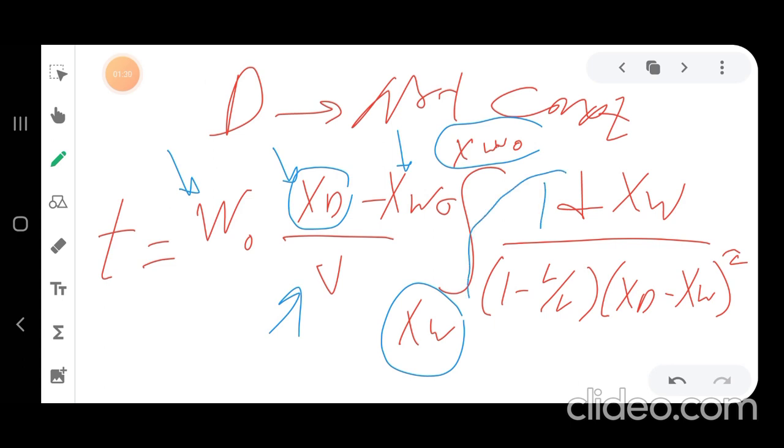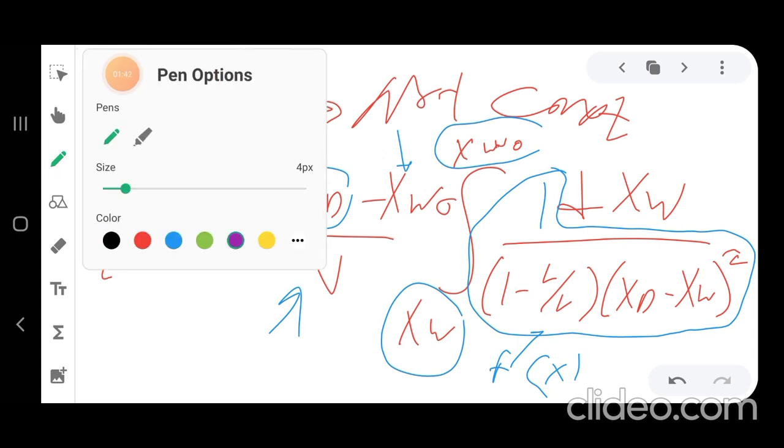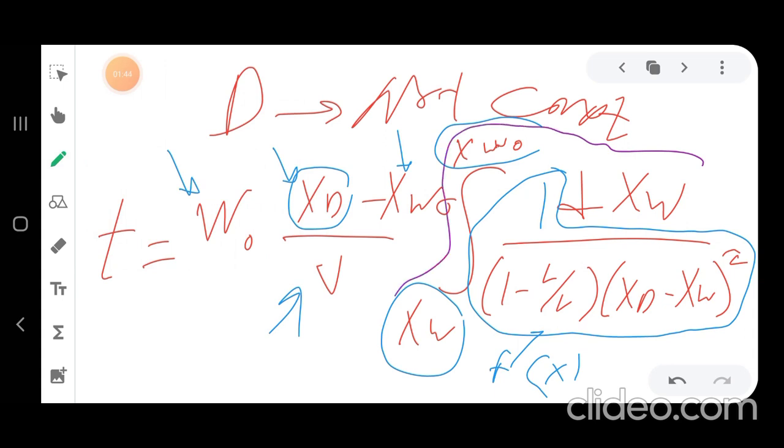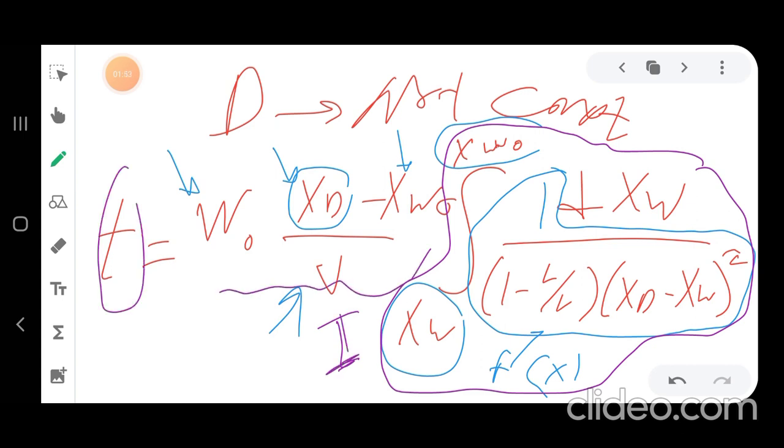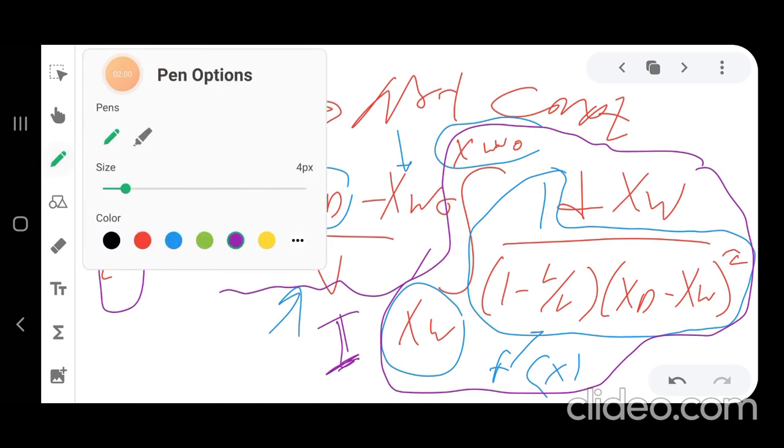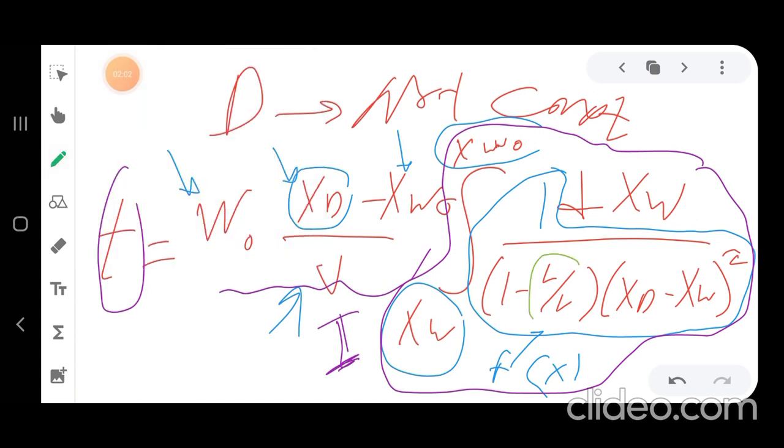We are integrating this function with respect to xw. So this is our f of x that we are going to integrate. We can call this whole part I, as we said before. Then if we find I, we can multiply it by this term to get the time. In this I, the first thing we have is L over V. What is this L over V?